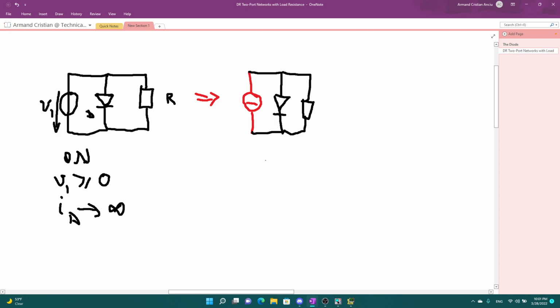It's a very simple solution, because this offers as input a current source and not voltage.